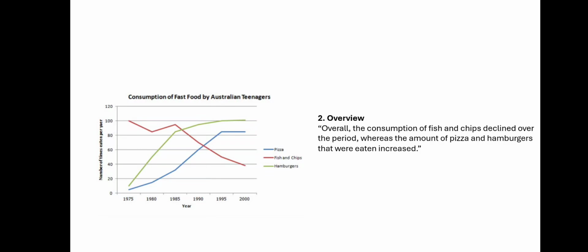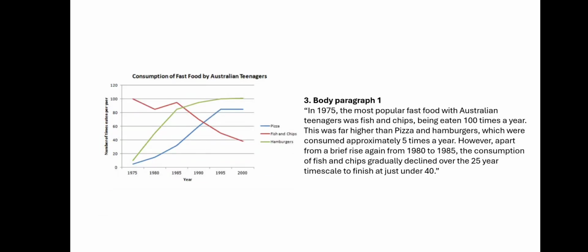So you have to make a good overview in your Writing Task 1. I will give you a good overview. Overall, the consumption of fish and chips declined over the period, whereas the amount of pizza and hamburgers that were eaten increased.